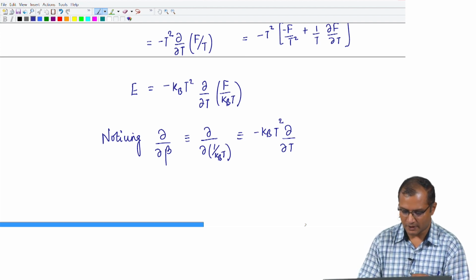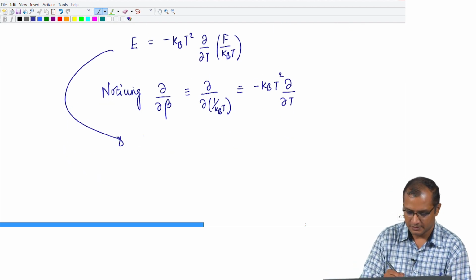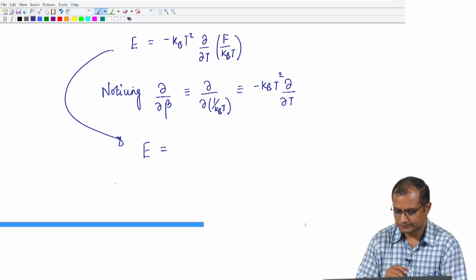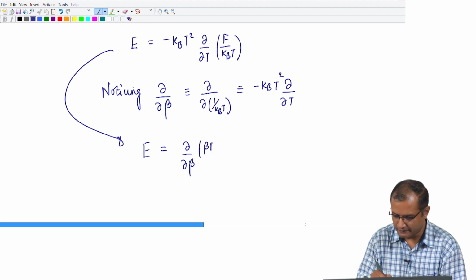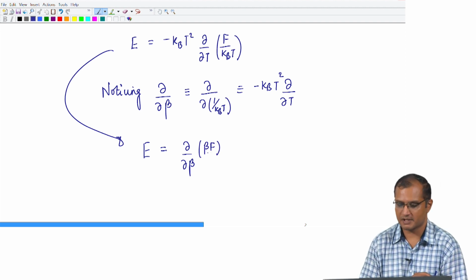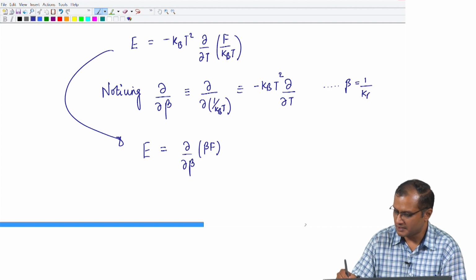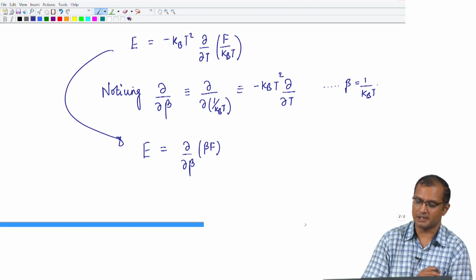Okay. So, I can write down what I have just written, E, as nothing but d over d beta of beta F, okay, because 1 upon beta is nothing but kBT. Okay. So, the operator minus kB T square into d by dT is nothing but d by d beta.